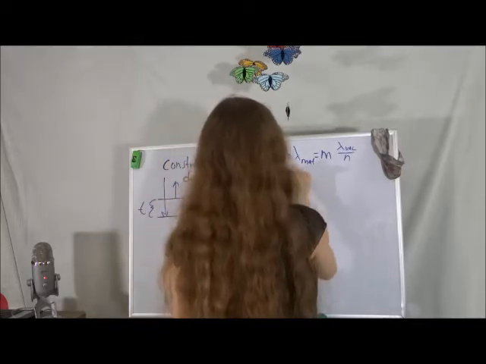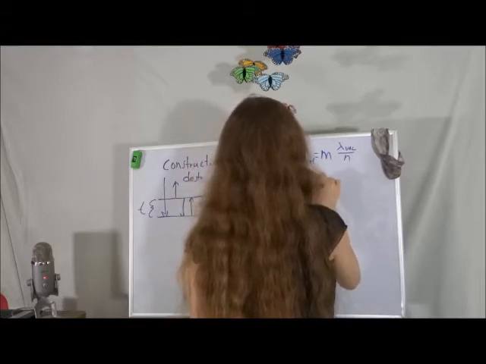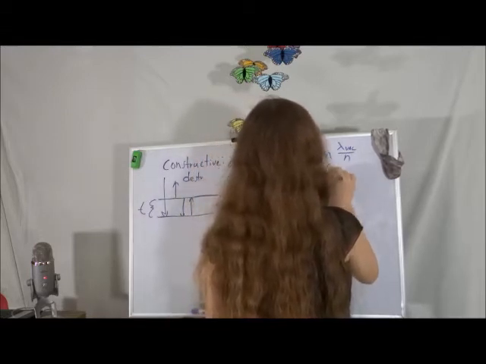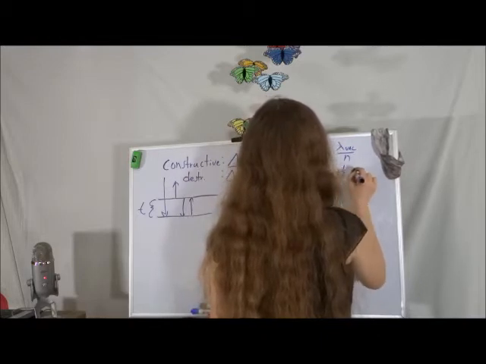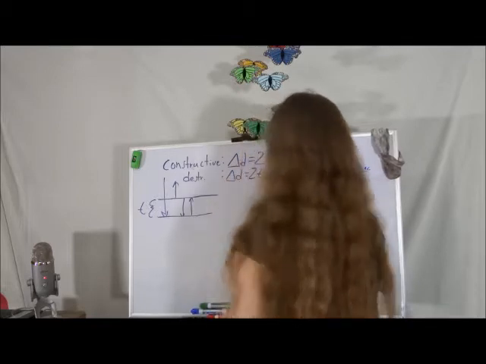This is going to be M plus 1/2 lambda material, or M plus 1/2 lambda vac over N.